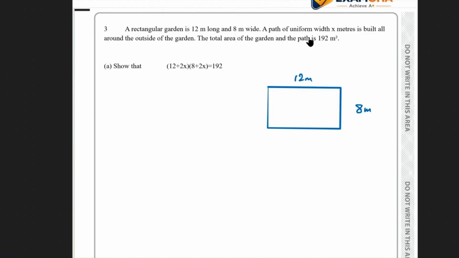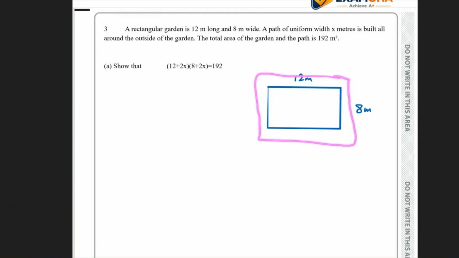A path of uniform width x meter. There is a path of uniform width x meter built all around the outside of the garden. What does it mean? There is a path here around the garden.